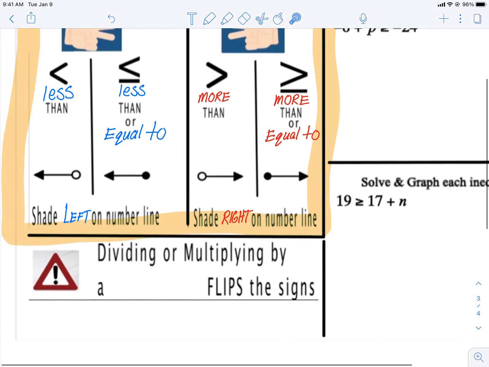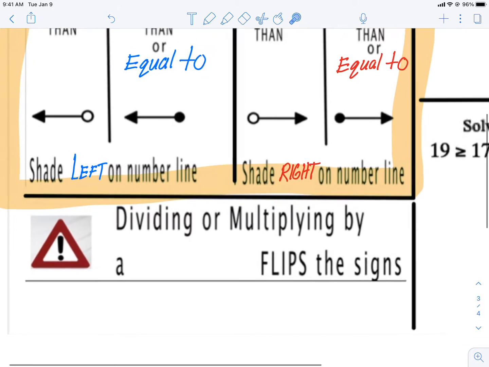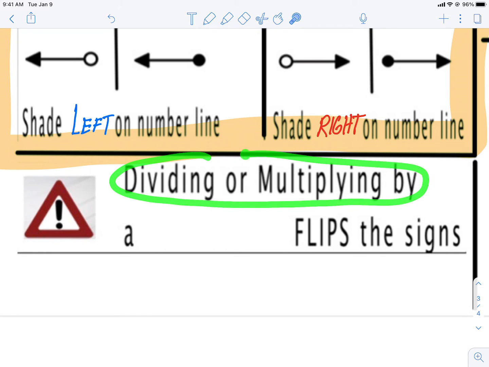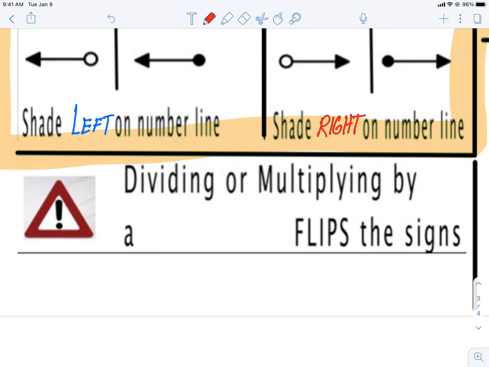Okay, one more rule on the bottom here. One more thing that I want you guys to remember that we will go over in the next lesson, but let's review it now. So dividing or multiplying by a negative flips the signs.